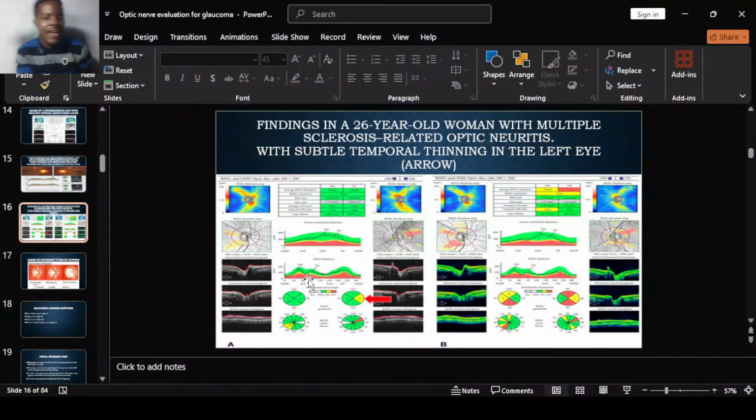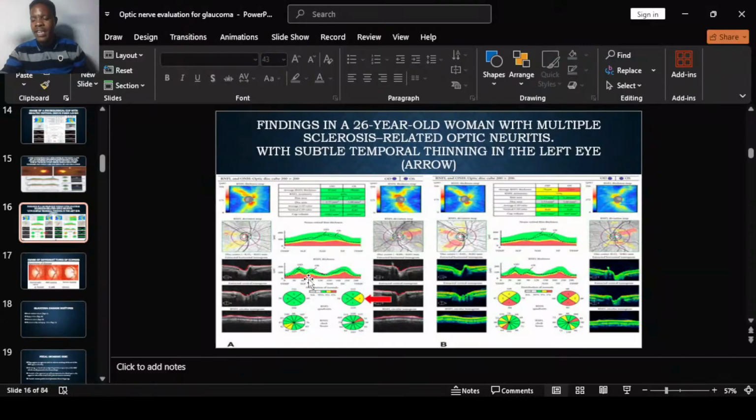Remember we said earlier that glaucoma doesn't obey the ISNT rule. Every time you are looking at a result and you see thinning at the temporal portion first, before the inferior and superior, we know we are not dealing with glaucoma.